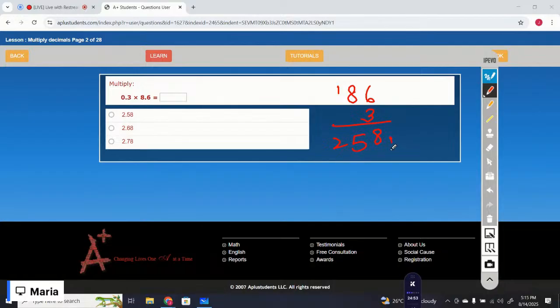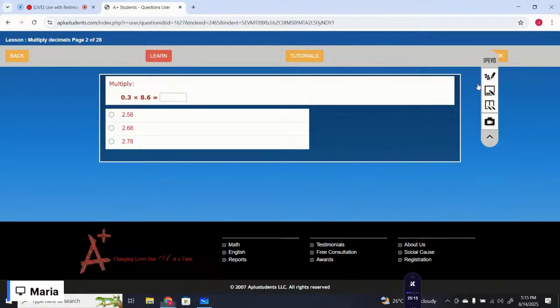So just add two decimal places. It would be 2.58. That is 2.58. Option number 1 is the correct option.